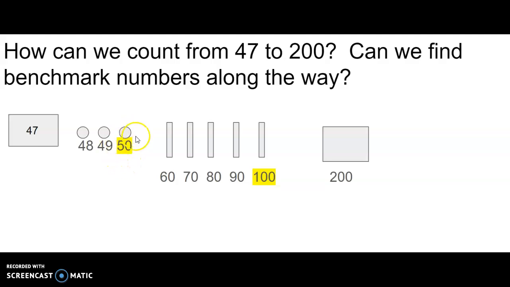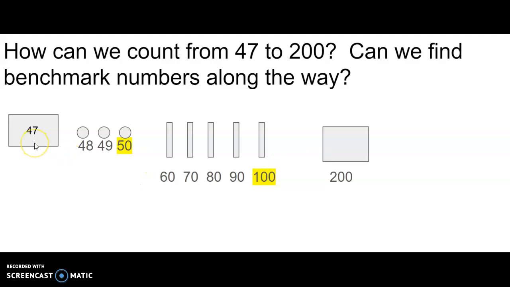So I'm starting at 50, and now I'm going to add on 10 sticks. 60, 70, 80, 90, 100. And 100 would be my next benchmark number. Once I get to 100, I know I can add on a hundreds block to get to 200.